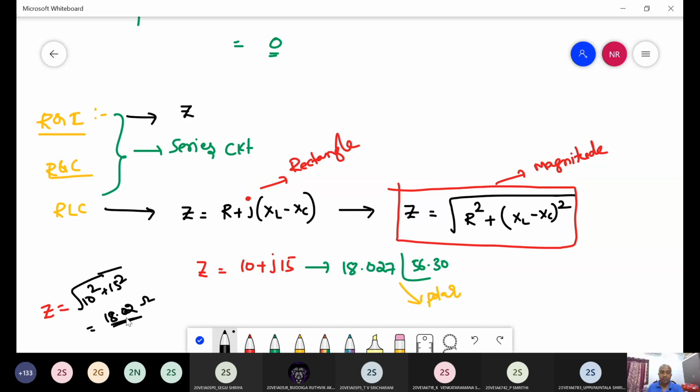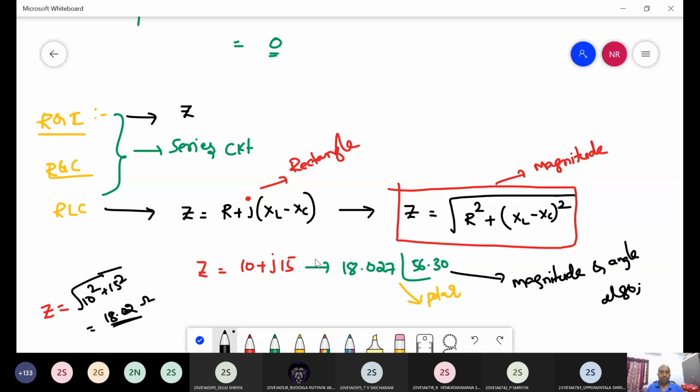See here, the magnitude. But here we will get magnitude and angle also. So this polar to rectangular, rectangular to polar conversion we have to use if we want to draw the phasor diagram.